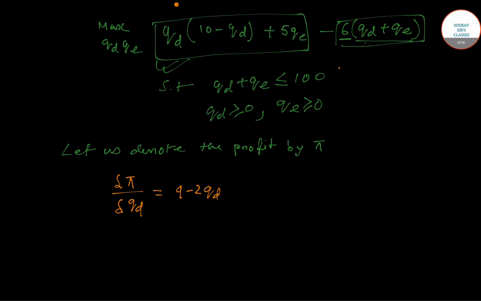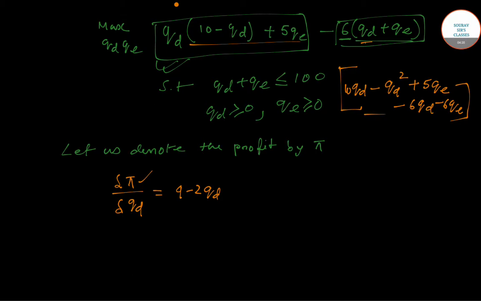How does this happen? If we simplify the entire expression, it becomes 10QD minus QD square plus 5QE minus 6QD minus 6QE. Now if you differentiate pi with respect to QD, from here you get 10, from here you get minus 2QD, and from here you get minus 6. So 10 minus 6 is 4, and minus 2QD remains.